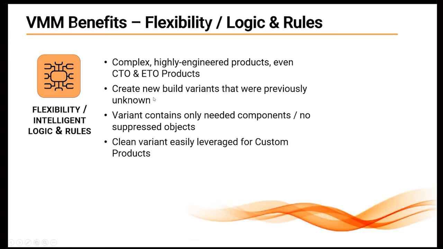If some older variant was done and we can find it, we can actually fetch it, so we don't have to create everything from scratch. Stuff could be brought in. The variant contains only needed components, so there are no suppressed objects. So if you have a custom product, maybe 95% of it is automatically built.